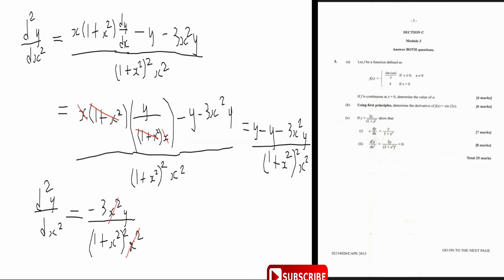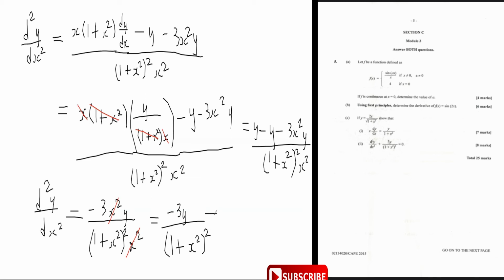And so what are we left with? We're left with minus 3y over 1 plus x squared, all squared. So now that this is what we get, we can just bring it over to the other side.